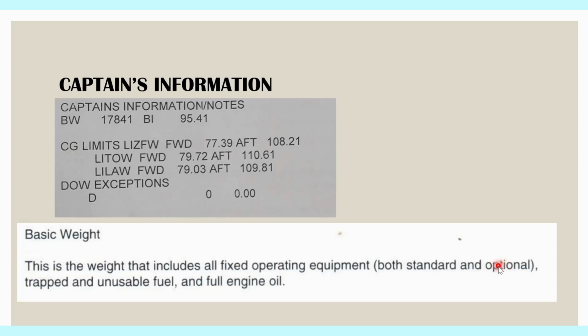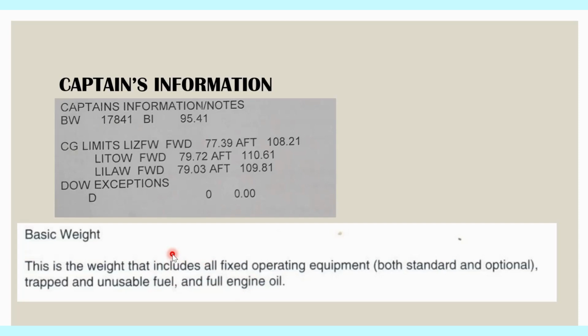So both standard and optional. Trapped and unusable fuel, trapped in the lines, for example, or unusable fuel in the tanks which cannot go into the engines no matter how much suction there is, and full engine oil. That's the basic weight. This definition is directly from the weight and balance manual of the Dash 8, for the particular configuration of aircraft that the company is using.